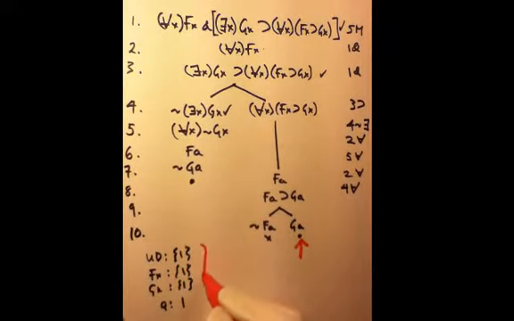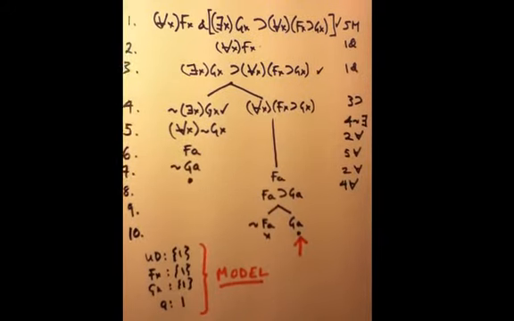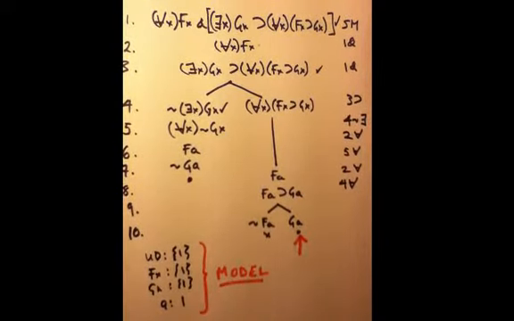Now, it is customary to call this a model. So in other words, a model is just an interpretation on which a sentence, or more generally speaking, a set of sentences, is true. So let's now just write down that definition so that we have it in case we need to use it later.